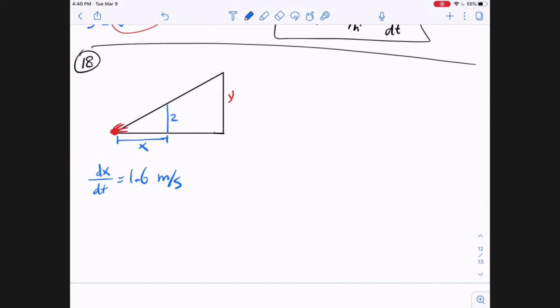Now, the spotlight is 12 meters away from the wall. So this distance from here to here is exactly 12.